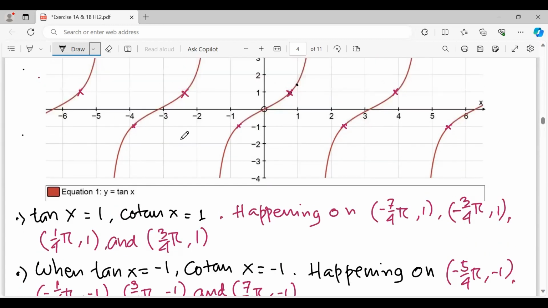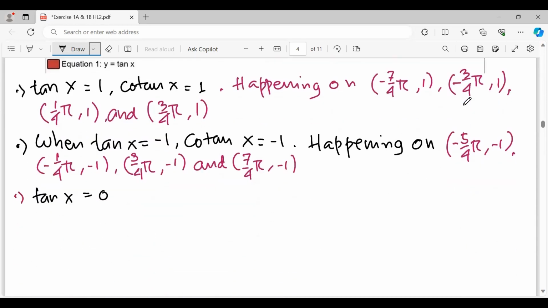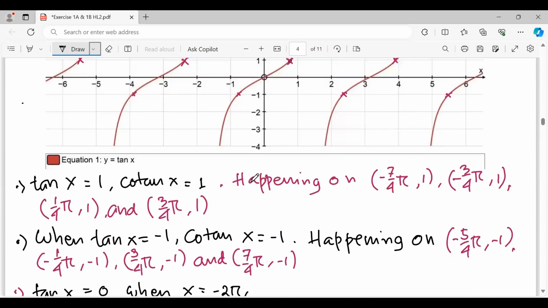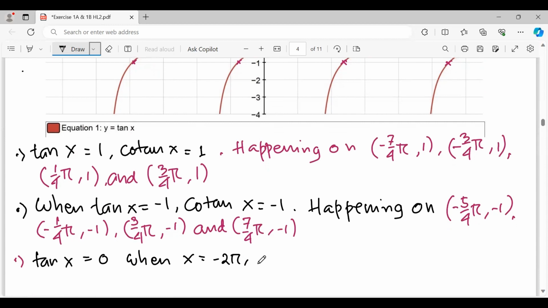When x equals minus 2 pi, minus pi, 0, positive pi, and positive 2 pi.